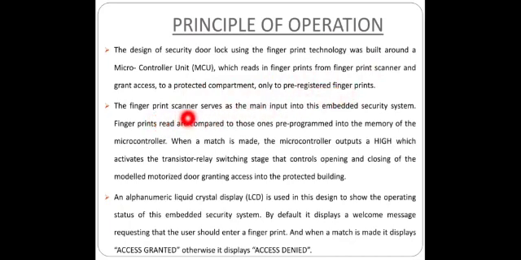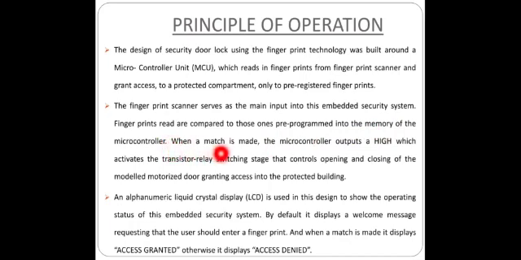The fingerprint scanner serves as the main input into this embedded security system. Fingerprints read are compared to those pre-programmed into the memory, and those not pre-programmed into the memory cannot access it. A detect signal is sent to the microcontroller.